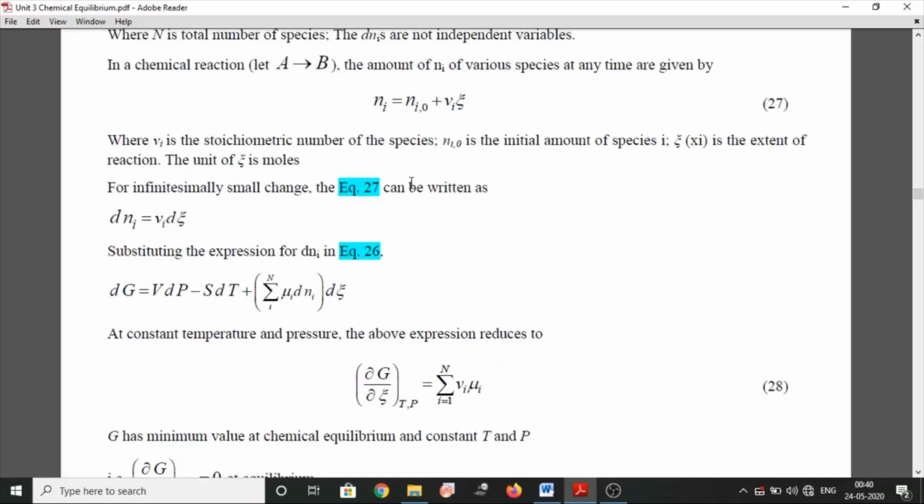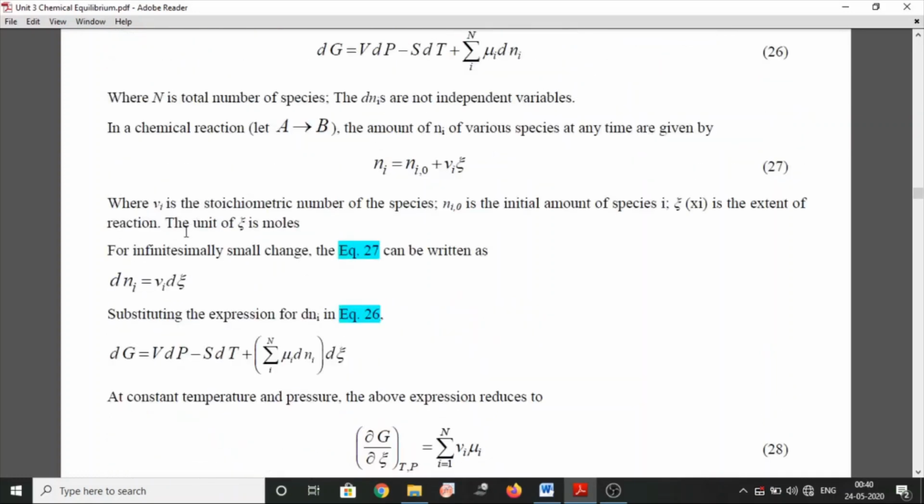So for infinitesimal change, N_i0 is a constant quantity because it is the number of moles at the starting stage. So the differentiation of a constant is 0. So I will get dn_i is equal to nu_i, which is again constant, d xi.